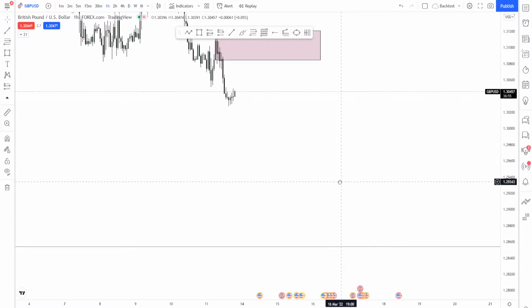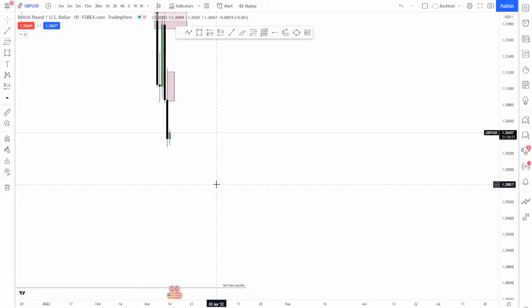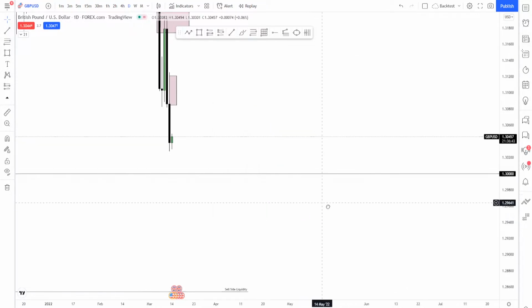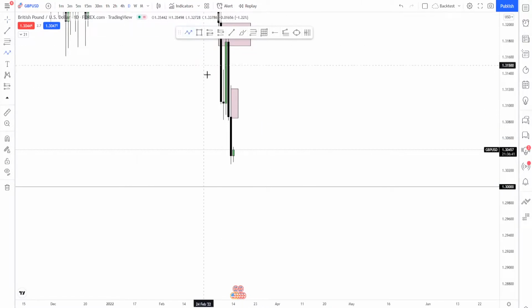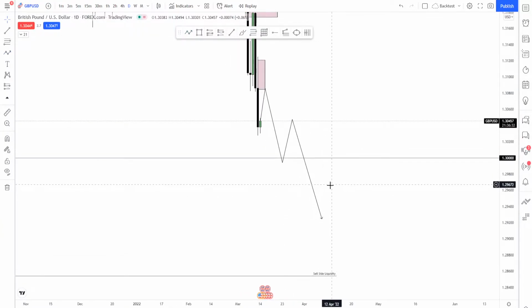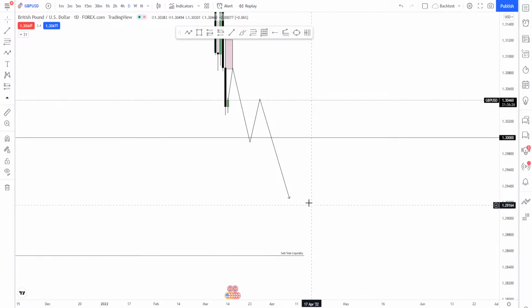I would expect, let's have a look, at this big figure level right here, a reversal or retrace around this area. So price can come up here, retrace here, come back here, do something like this. So yeah, expect price to do this and target this sell side liquidity.